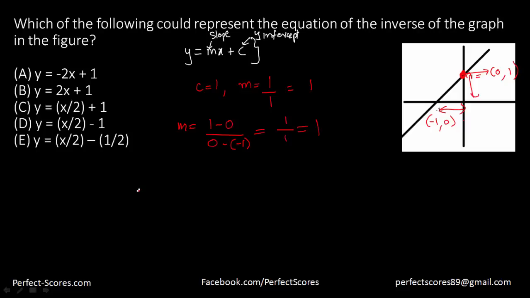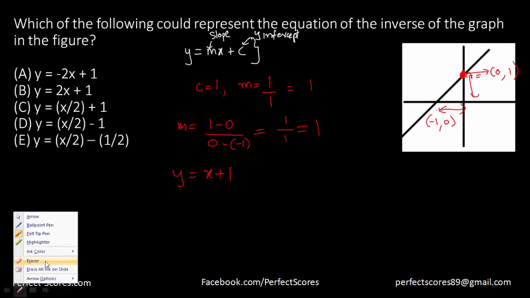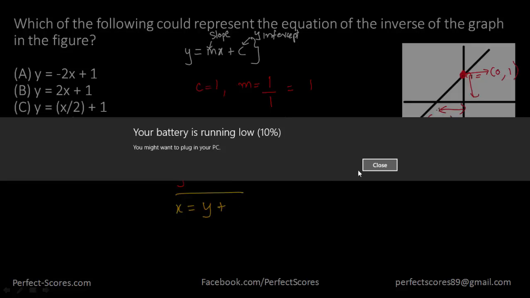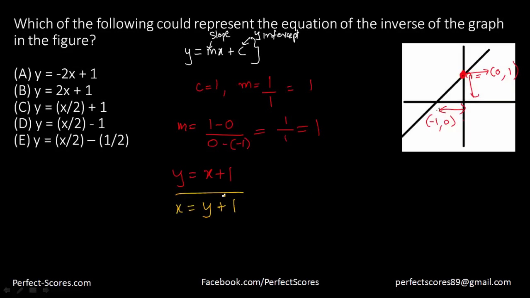So the slope is 1, and that means the equation becomes y is equal to x plus 1. And what is going to be the equation of the inverse? So the inverse is going to be x is equal to y plus 1.